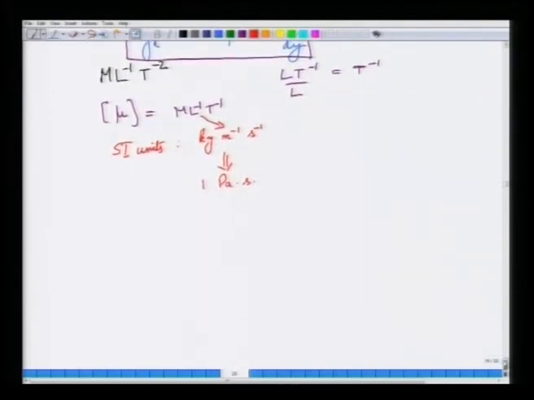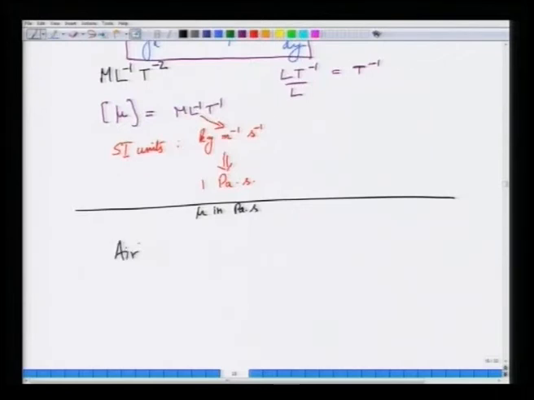Now just to give you some examples of viscosity values that one sees in common fluids. All the viscosity values are in Pascal seconds. The viscosity of air is about 10 to the minus 5 Pascal seconds.